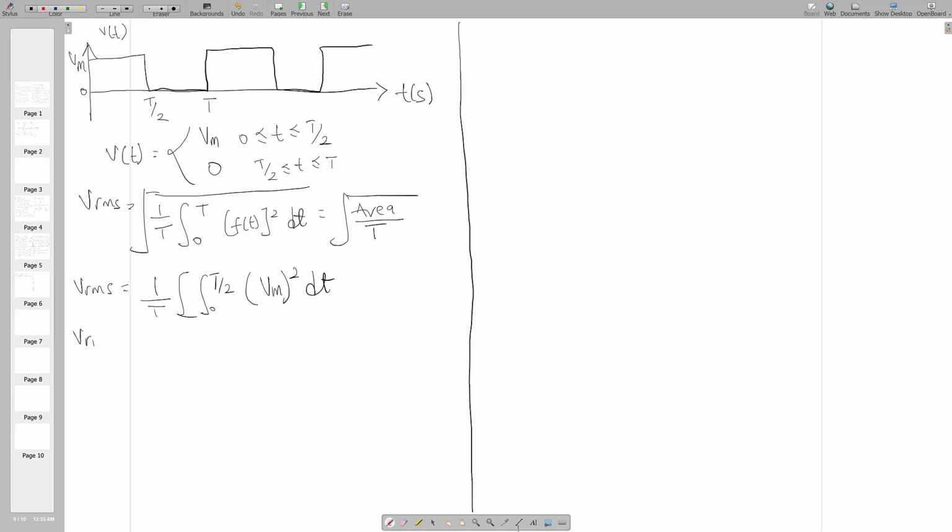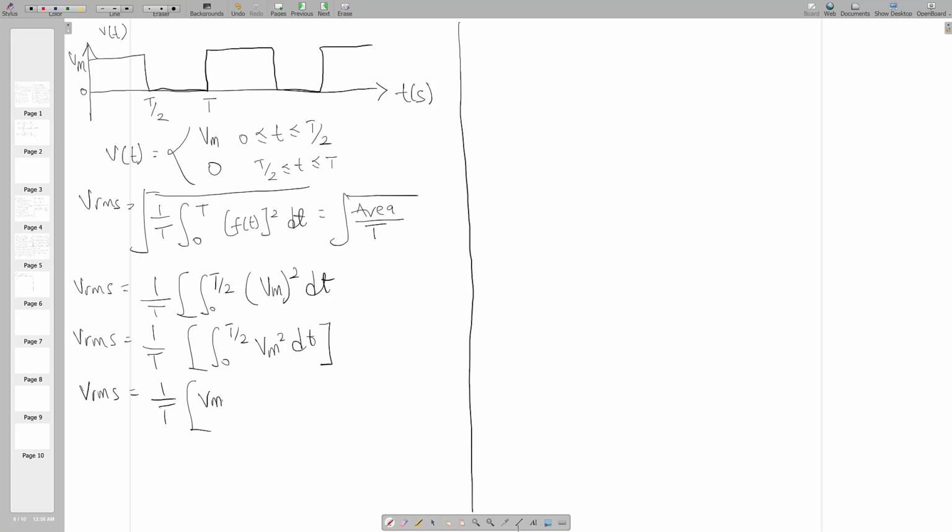So our V_RMS will be equal to 1 on T, integrating from 0 to T on 2, we'll have Vm squared dt over here. And we know that Vm squared is a constant, right?